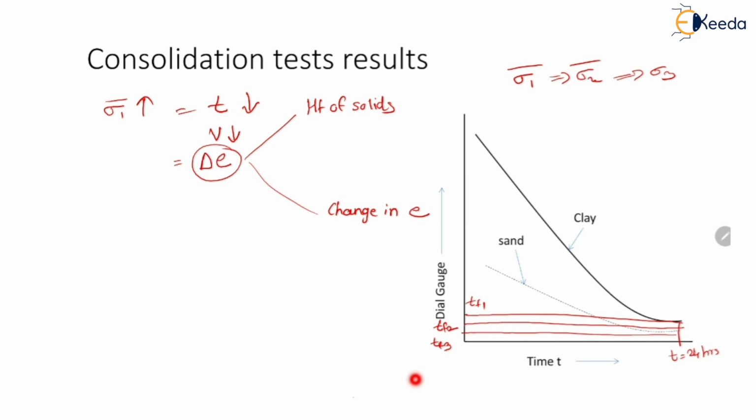So using one of these two methods, we can find the value of delta e. So another graph can be plotted for different values of sigma bar, that is effective pressure versus void ratio, and the graph will be like this, means as the effective pressure increases, void ratio decreases.